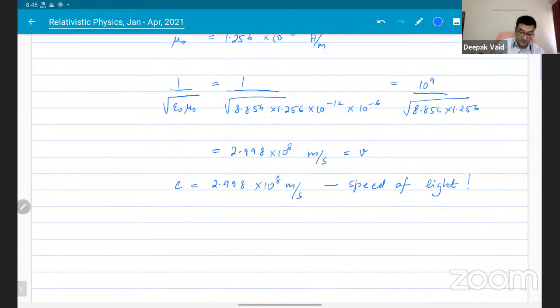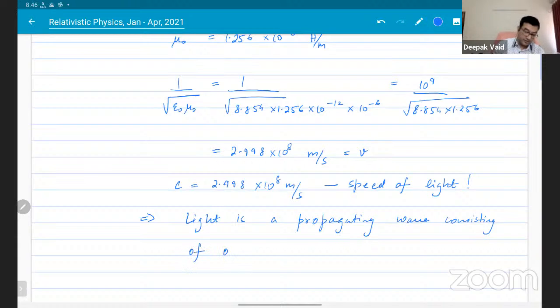The explanation turns out to be the fact that light is propagating waves consisting of oscillating electric and magnetic fields, right?